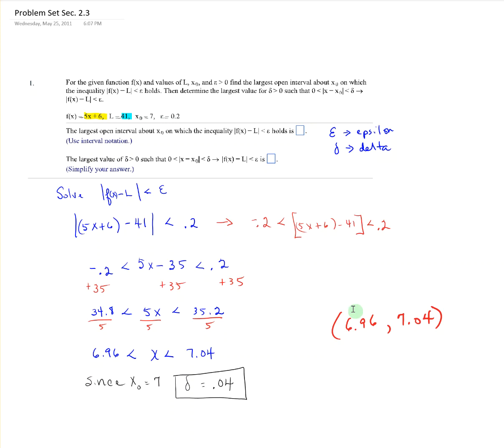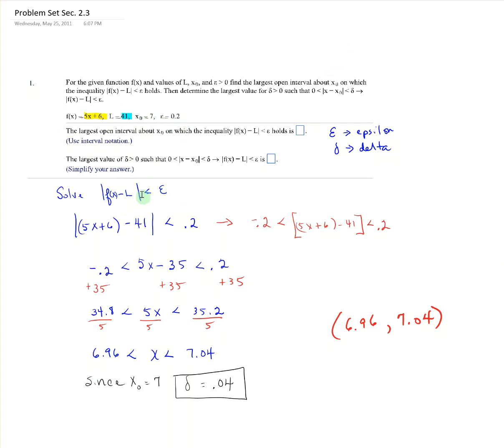And then determine the largest value for delta greater than 0 such that this holds true. All right? So here's what we're given. We're given that f of x is 5x plus 6, L is 41, x sub 0 is 7, and epsilon is 0.2. So you're going to solve this inequality here.